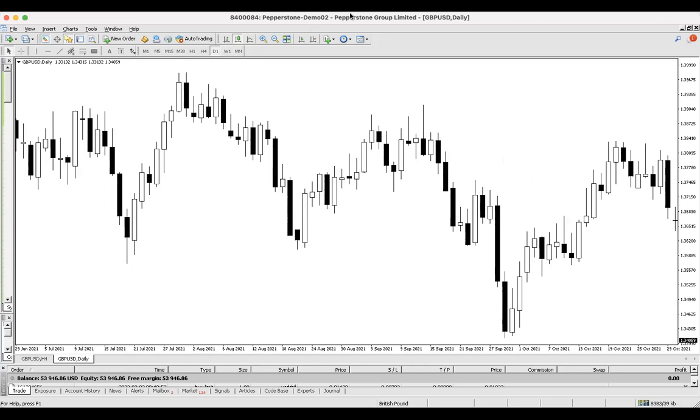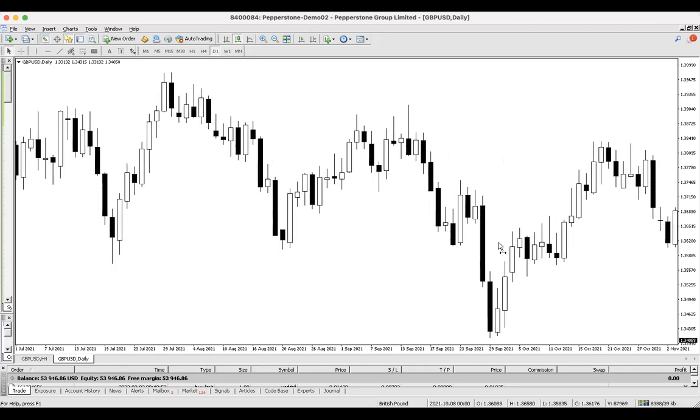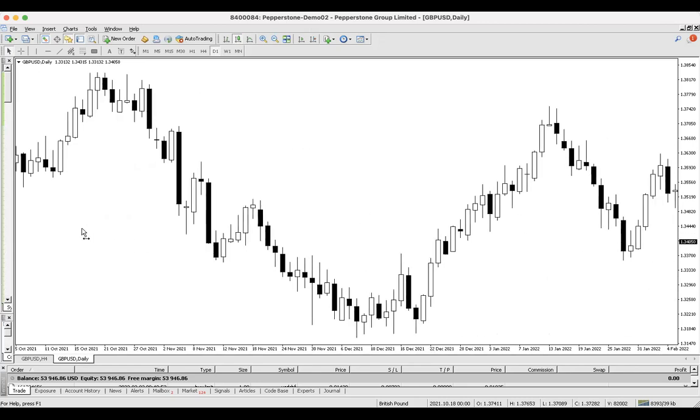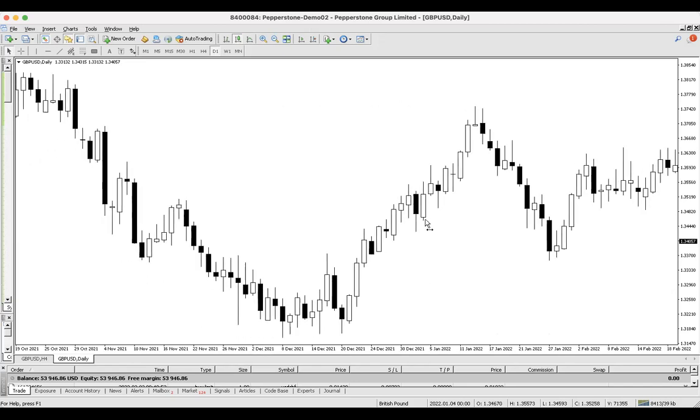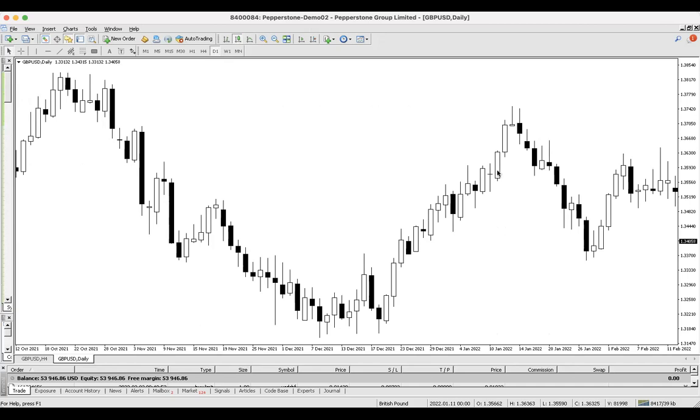So in our daily chart here, let's look where there is a doji. Let's show the best one for you. Okay, so there was this pattern here.